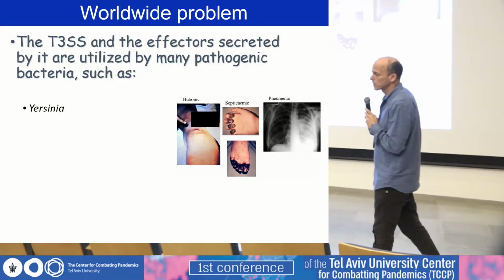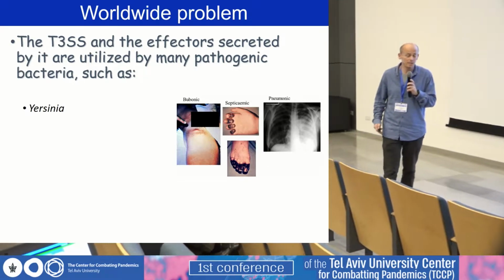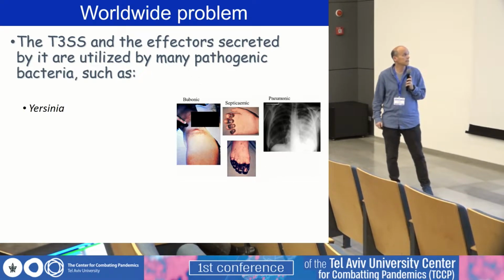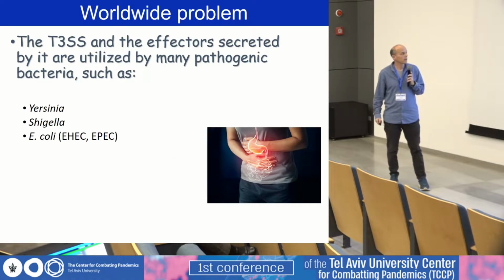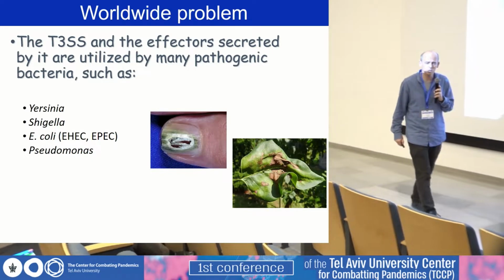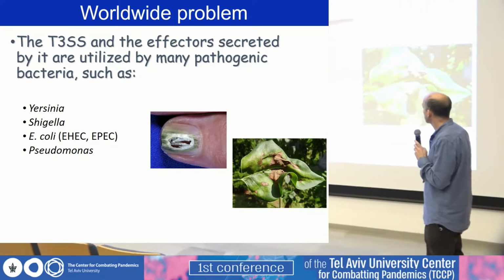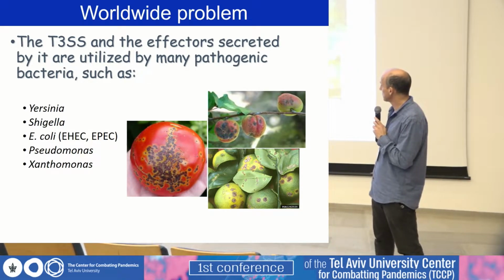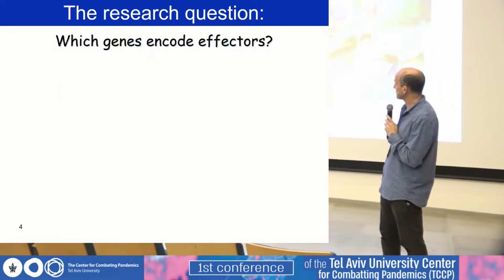And this is important for many diseases, and the type 3 secretion system is used by a lot of important pathogenic bacteria, including Yersinia, that is responsible for the plague, Shigella, pathogenic E. coli, and Xanthomonas. Xanthomonas is interesting because it's pathogen on human, but also in various plants. And there is also Xanthomonas, which cause disease in various plants, including tomato, apricot, lemons, rice, and others.